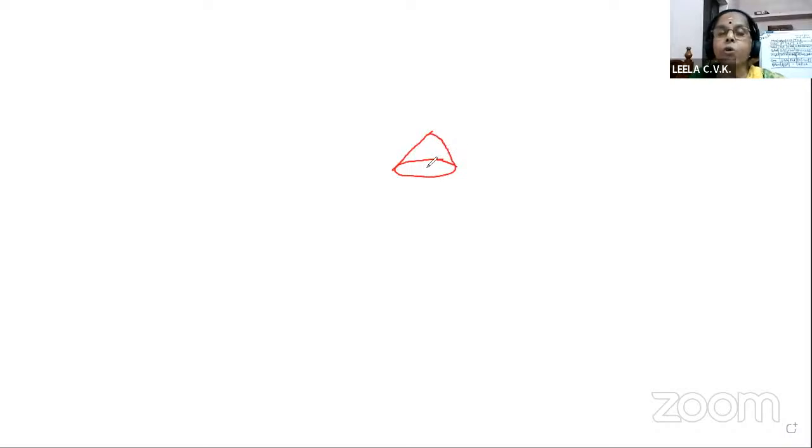So in the case of cone, this is the radius, the down part is circular shape. So this is R, this is the height, and this is L. What is L known as? It is slanting. It is the slant height.